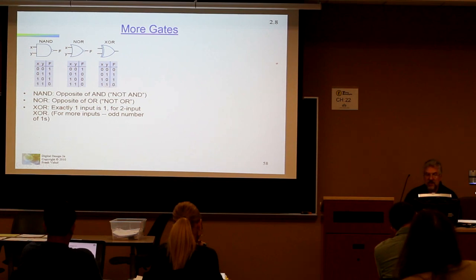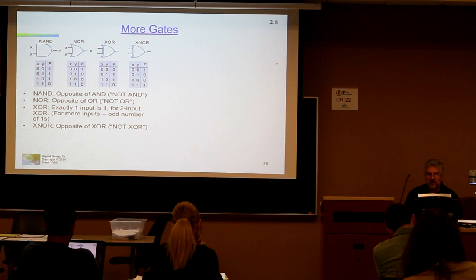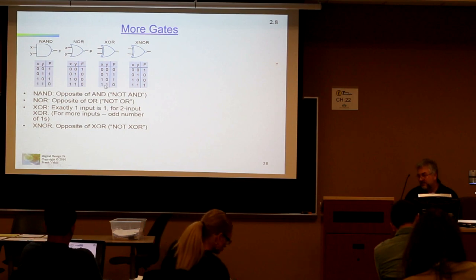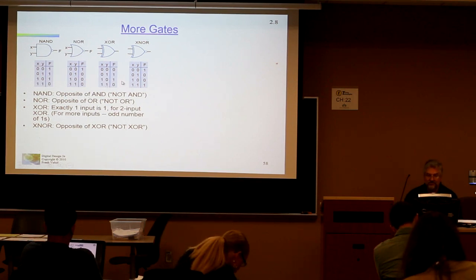This actually is pretty useful later on when we start talking about adders. But just like there's an AND, NAND, OR, NOR, there is an exclusive NOR, which is a NOT of the exclusive OR.